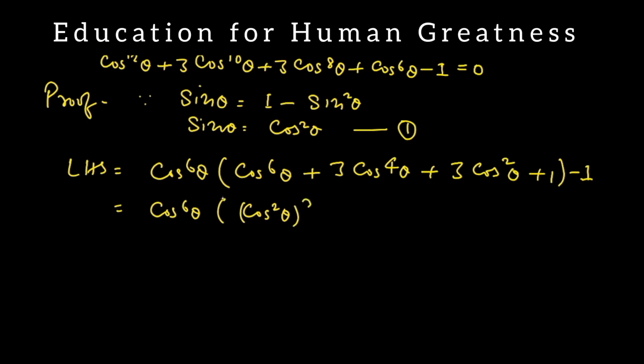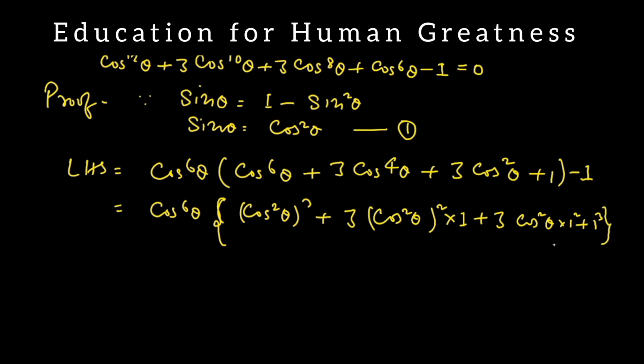Let us change into middle bracket plus this is a cube, okay, and then 3a square b. 3a means cos square theta and a square means its square, b means 1, here it is 1, and then 3ab square. 3a means cos square theta and b means 1 square and then plus 1 cube, bracket close, and then minus 1.